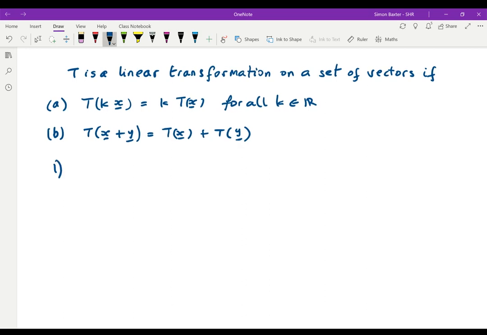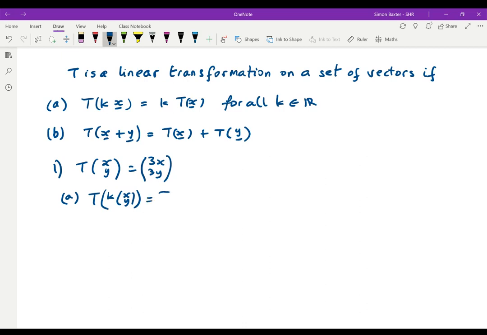Well, let's look at one or two examples to see what this means. Let's first look at the idea that T of x, y is equal to 3x, 3y. So we start with the point x, y, we finish with the point 3x, 3y, or vectors, whichever way you like to think of it. Does this satisfy our condition A? Well, let's look at T of k times x, y.